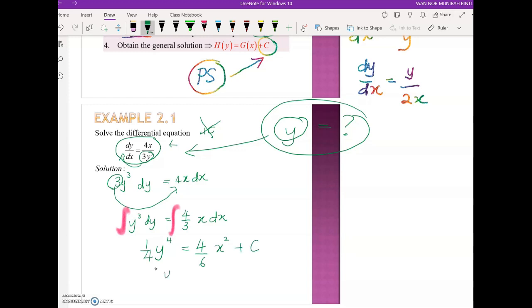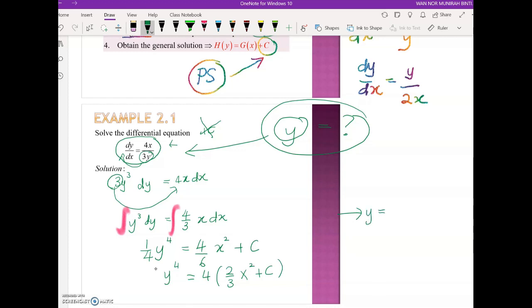So I have y to the 4 equals, I bring 4 to the right, so I have 4 times 4 over 6. 4 over 6 is 2 over 3, right? So I have 2 over 3 x squared plus c.